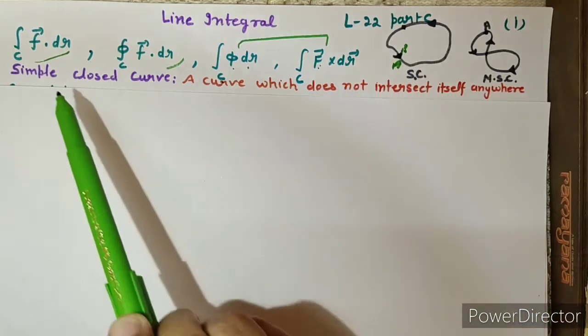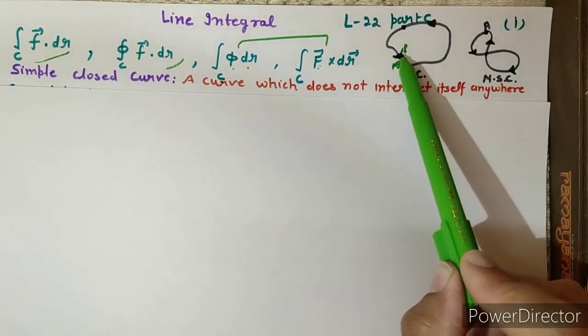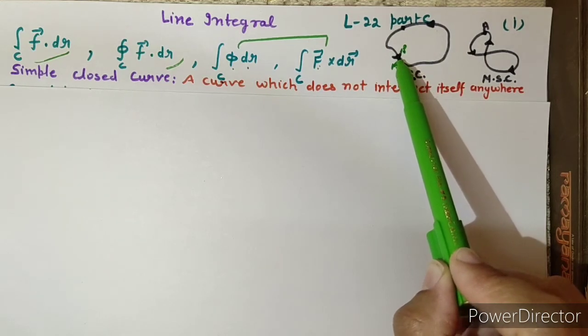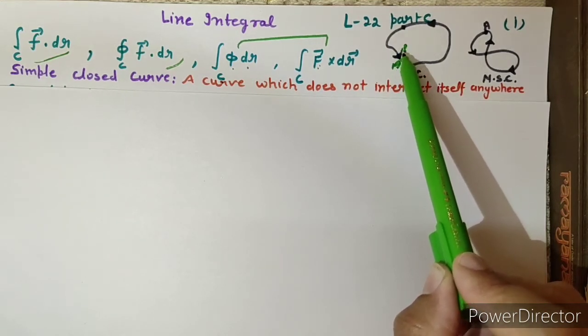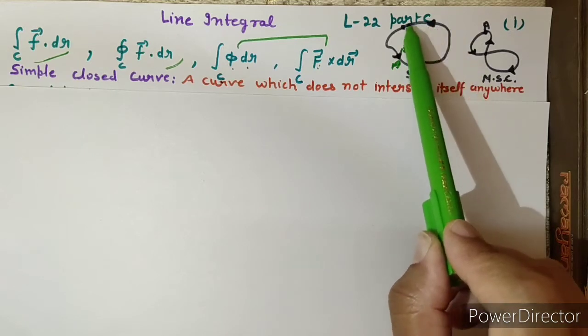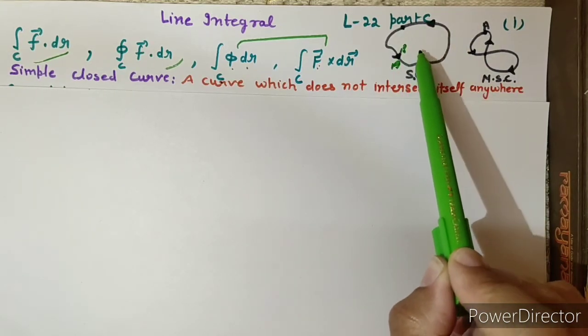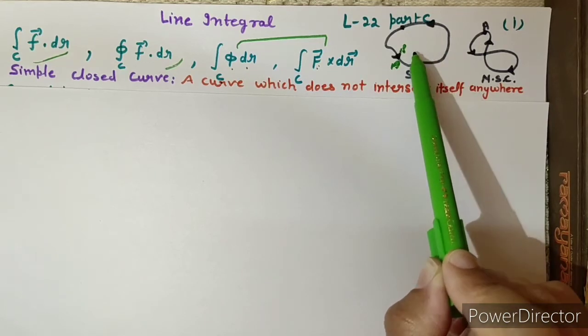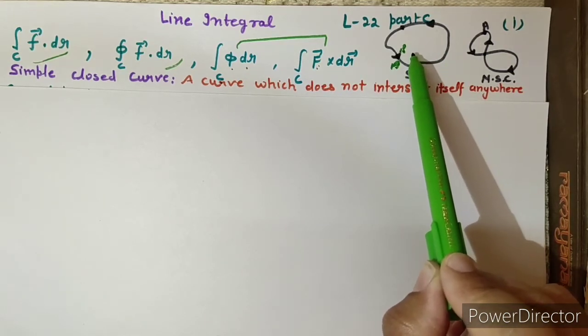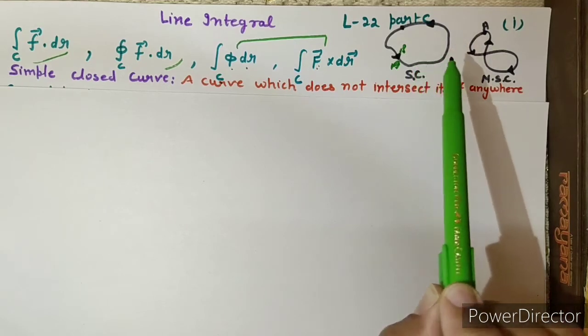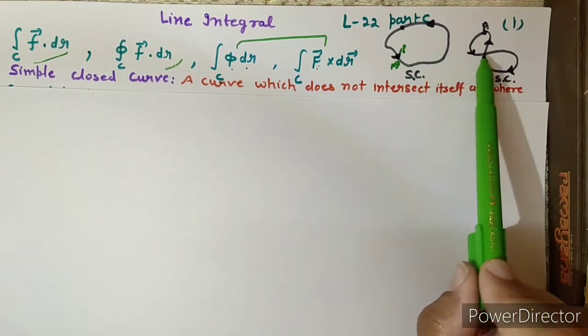But here I want to say simple closed curve. The closed curve has the same starting and ending point, and if this curve does not intersect itself anywhere in the whole curve, then this closed curve is known as a simple closed curve. For example, see, you have two curves in front of you.